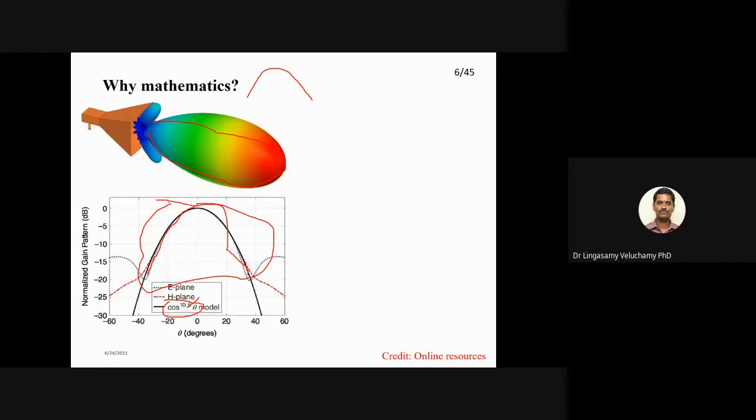So the equations are required to predict the behavior of the antenna. To a certain extent we can do it. We can't do mathematical modeling for all antennas, but for some antennas and some phenomena we can, under certain conditions.